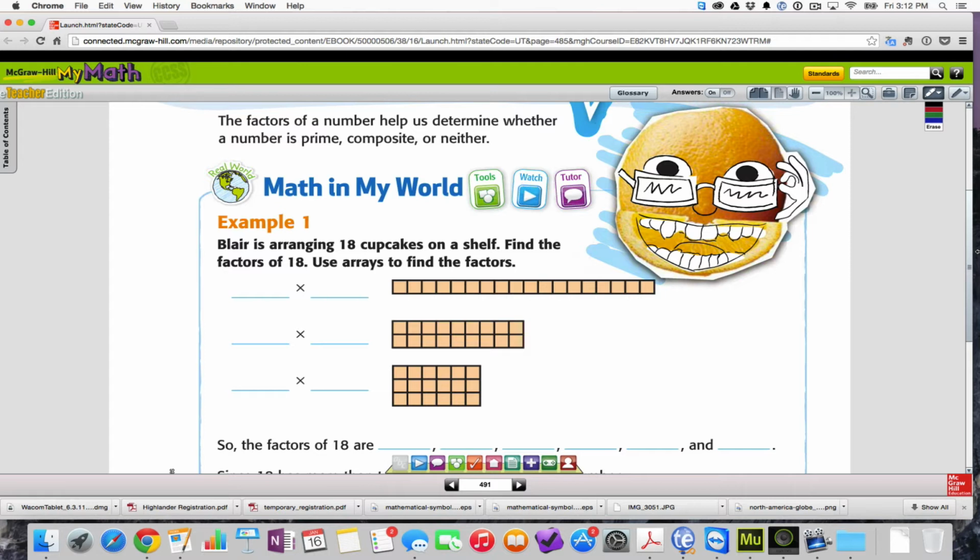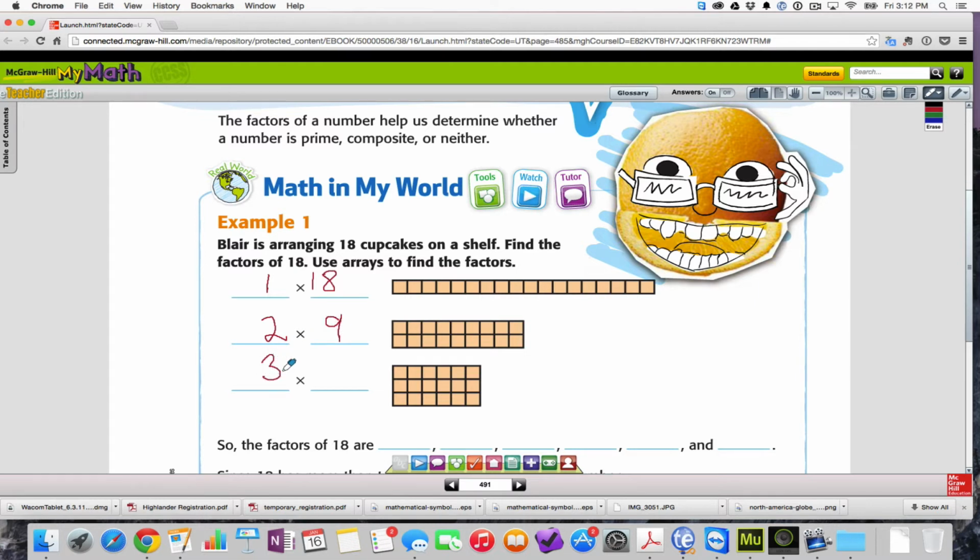Blair is arranging cupcakes on a shelf. Find the factors of 18. Use arrays to find the factors. So here she has some arrays. Our first one is one row with 18 in each row. Our second one, we have two rows with 9 in each row.